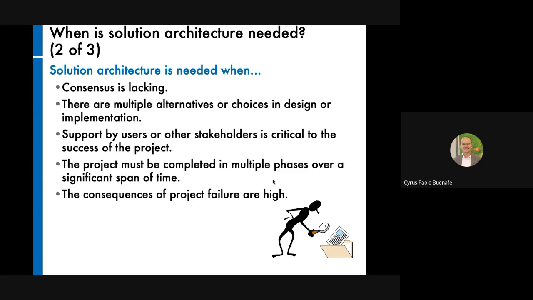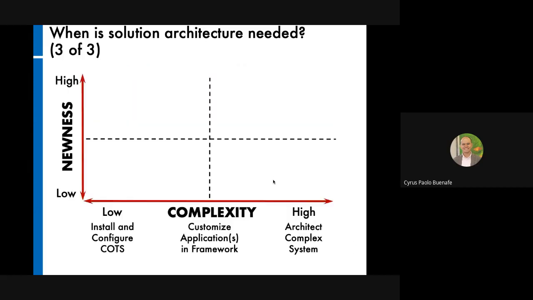Maybe lost business, maybe regulatory sanctions. You could think of possible pains if the project is not well implemented. So you probably would want to look at applying solution architecture based on these two dimensions.